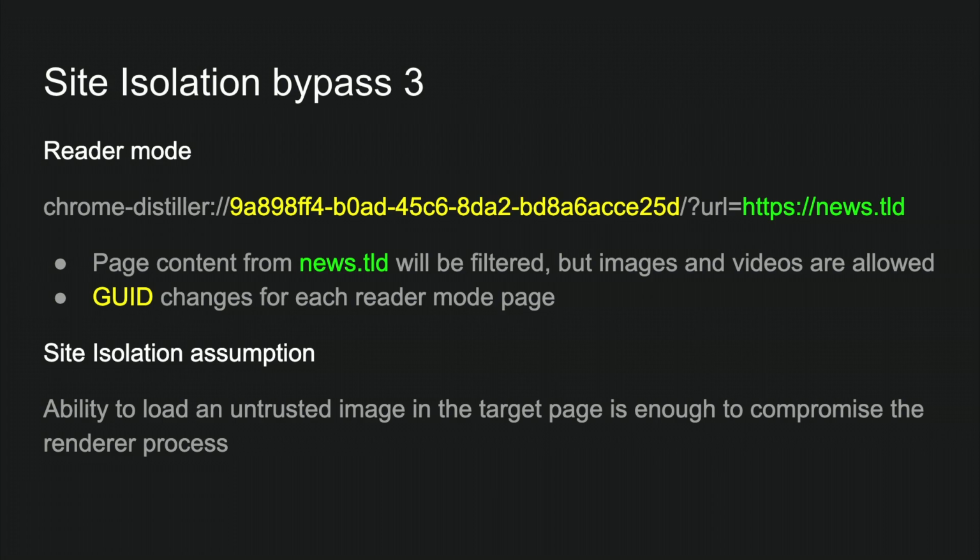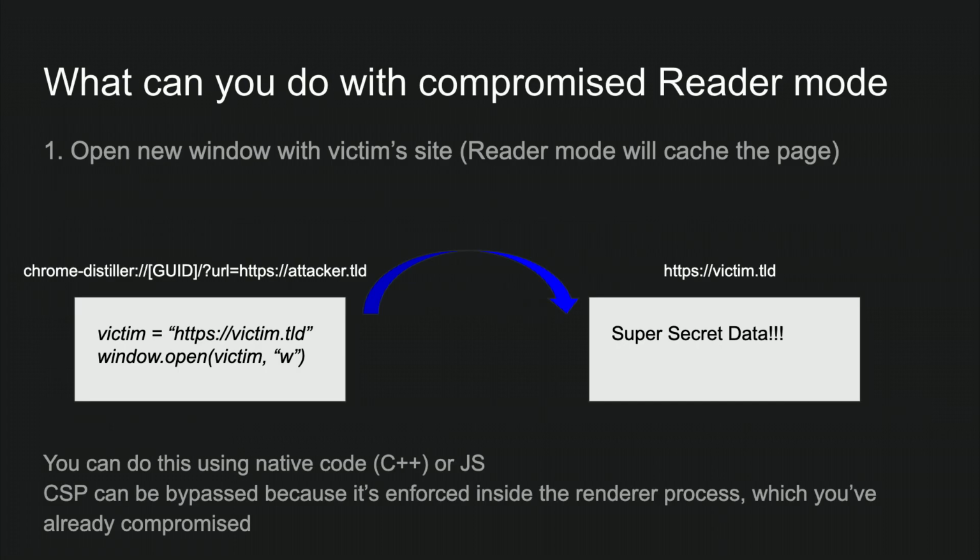But yeah, so what can you do if you have render compromise in reader mode? When you compromise the process, because CSP is only applied in the render process, you can bypass CSP. They had CSP, but you can bypass it at that point. And then you can open the victim page. I used a Twitter message in the actual POC, right?